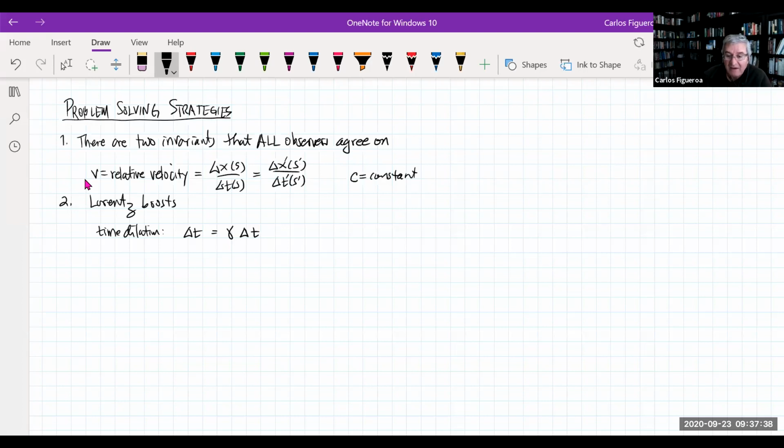And then once I have this, I decide which frame I am talking about. Am I talking from the proper time of the S frame or the prime frame? So that prime is very fluid in this case.